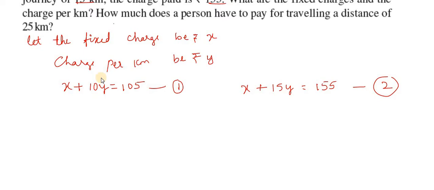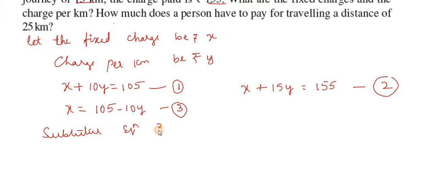So how can you do that? Now take x. From equation 2, I make it the subject: x is equal to 105 minus 10y. Call this equation 3. Now substitute equation 3 in 2.